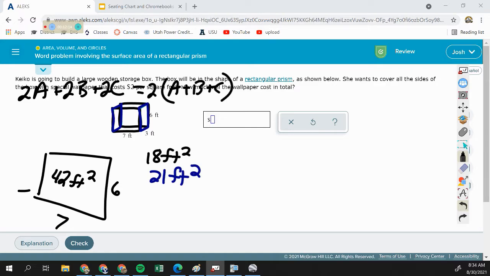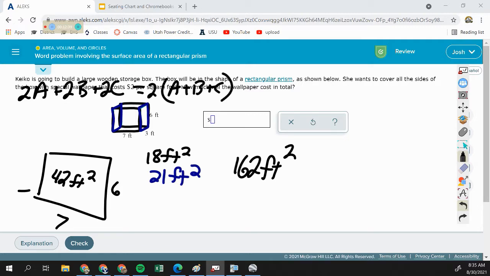What is 42 plus 18 plus 21 times 2? 162 square feet. Is that the answer? No. What does that tell us? So that is how much wallpaper we need.